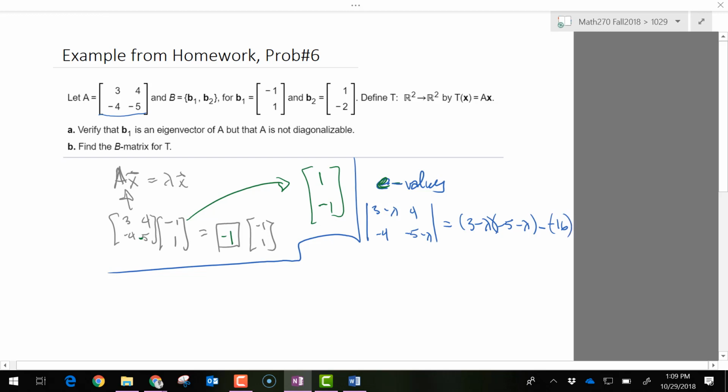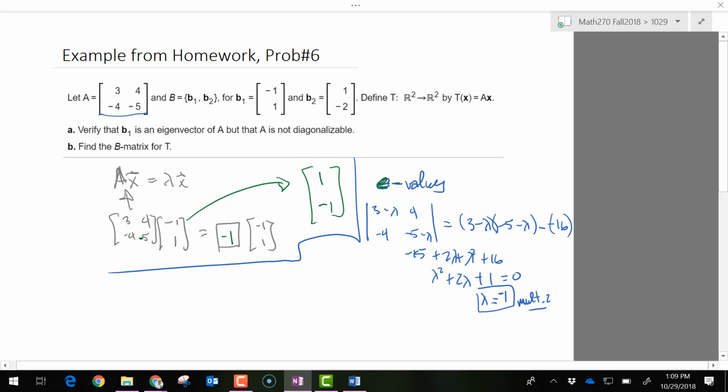So that's (3 minus lambda)(5 minus lambda) minus -16. This is 15, minus 5 lambda, minus 3 lambda, plus lambda squared, plus 16. So that's lambda squared plus 2 lambda plus 1. So lambda is equal to -1 with multiplicity 2.